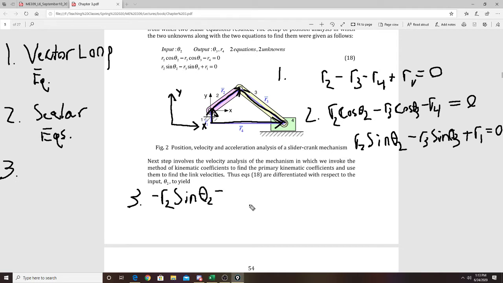Now, minus R3 cosine theta 3. So for this question, we know R3 because R3 is just this vector length at all times. It does not change at any point. So therefore, R3 is not a variable, but theta 3 is a variable.